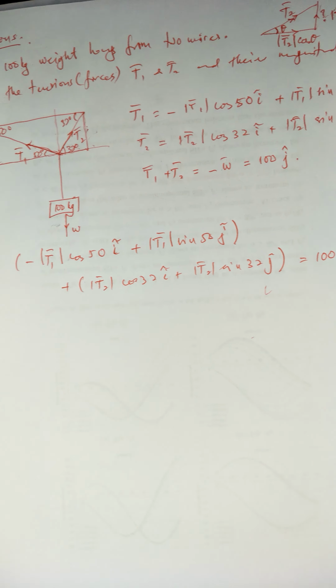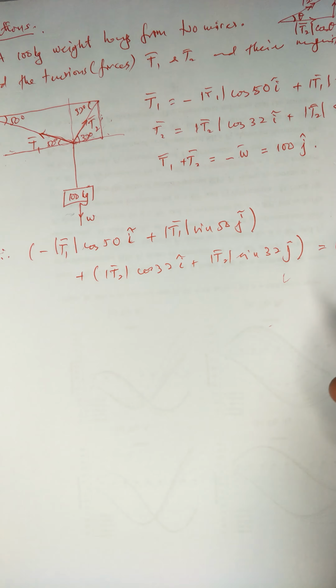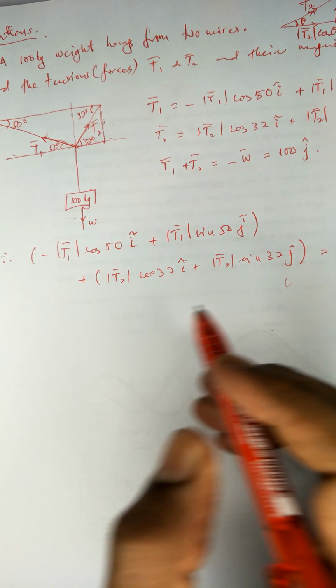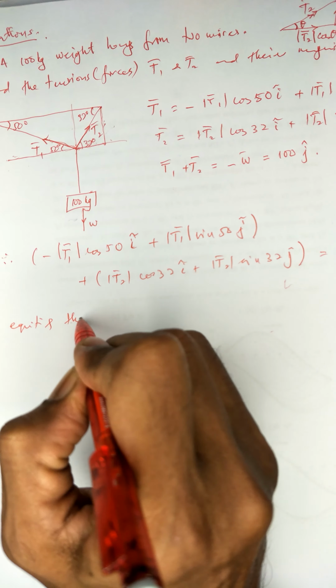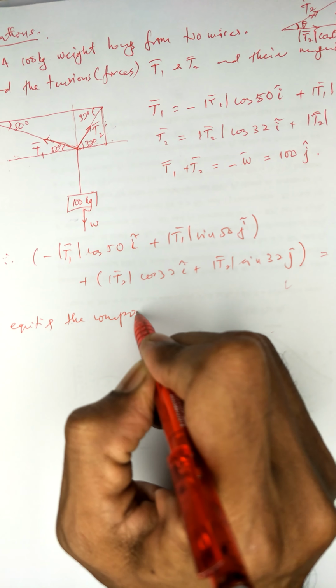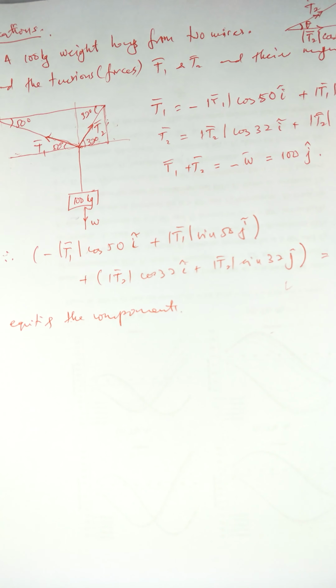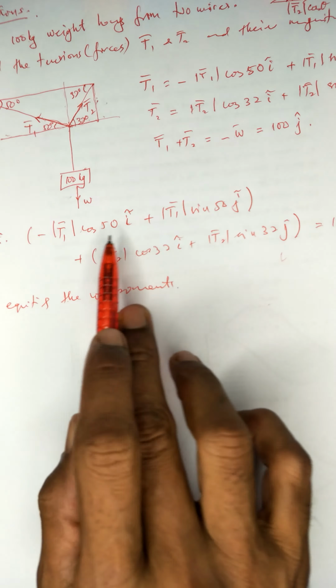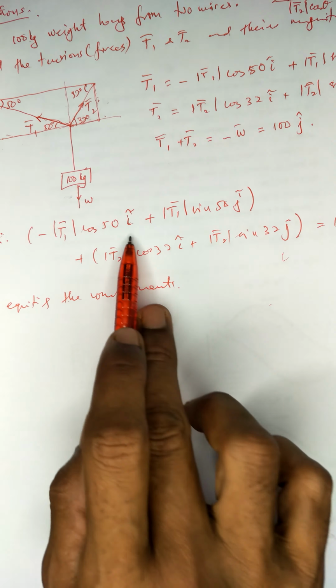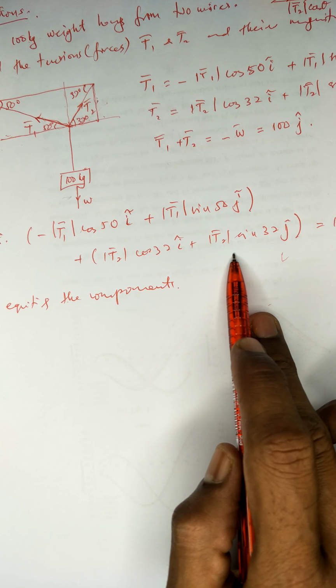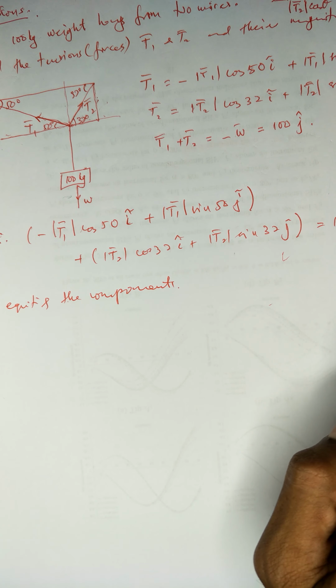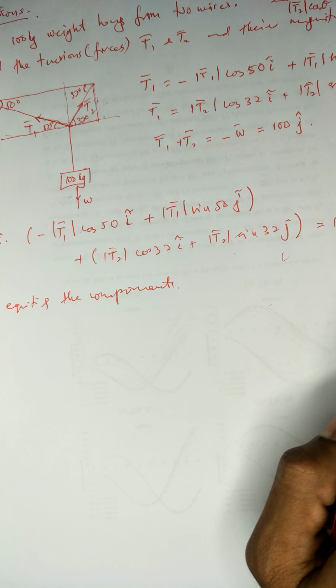So we equate the components. The vector component for I on the left hand side equals the component for I on the right hand side, and the component for j on the left equals the component for j on the right.